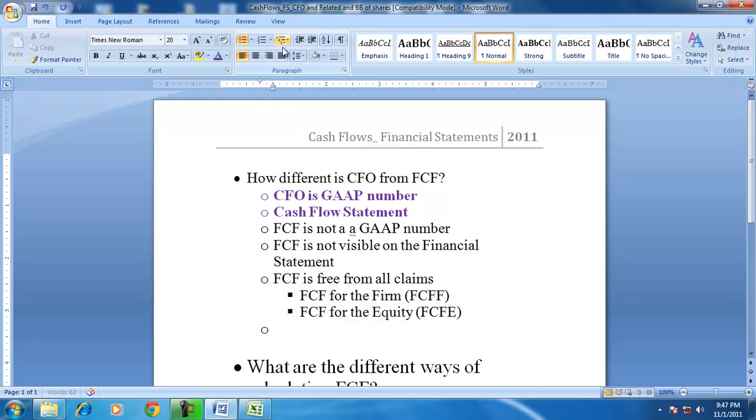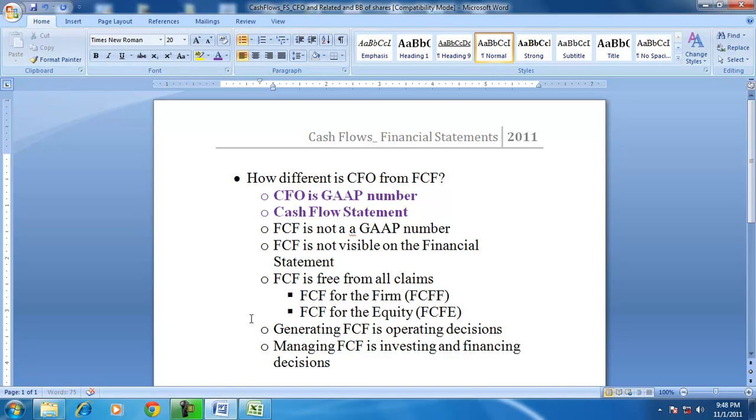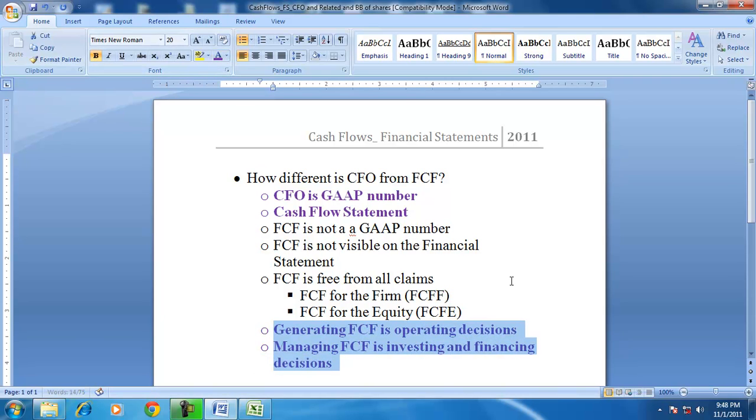Generating free cash flow is actually an operating decision, whereas managing free cash flows is an investing and financing decision. That means once I have the free cash flows, the use of that cash can be for paying interest or paying dividends or further investment in the business.